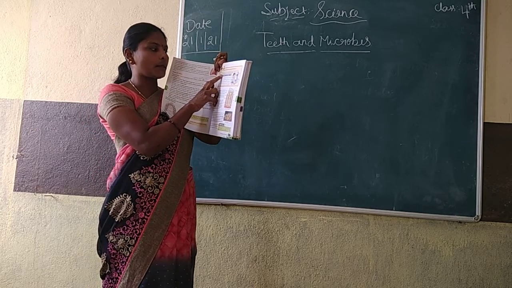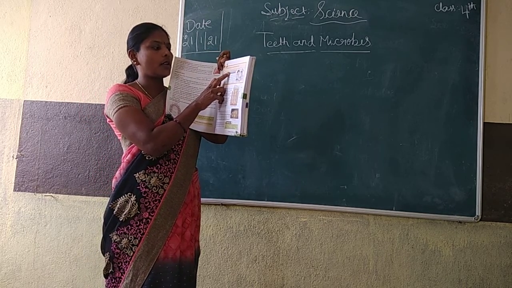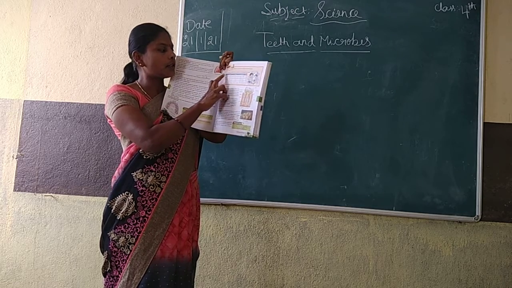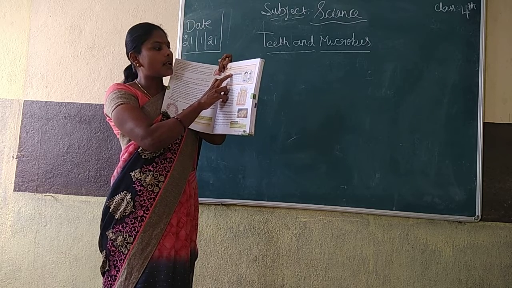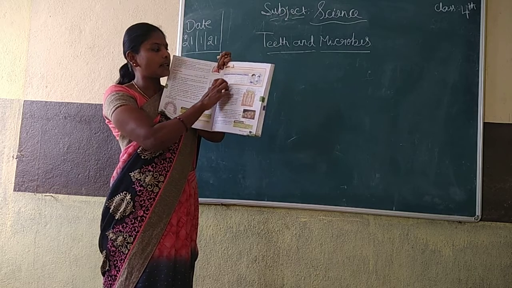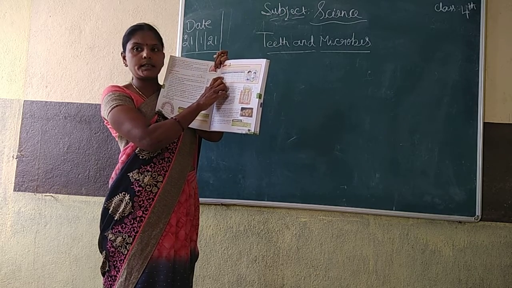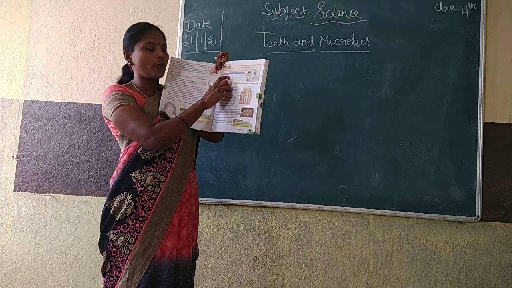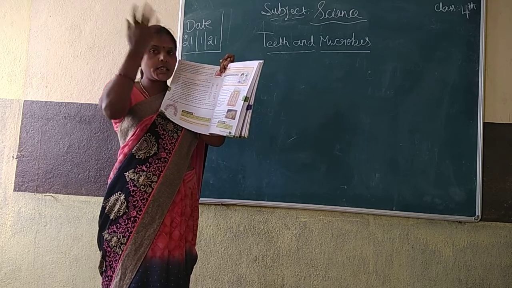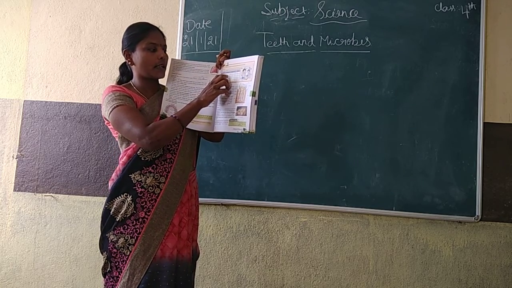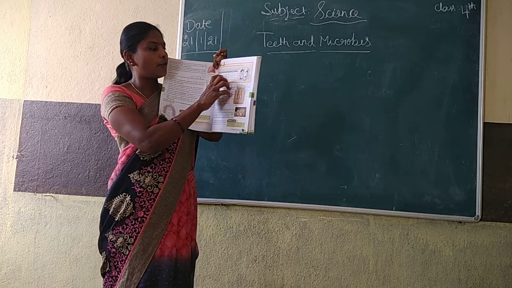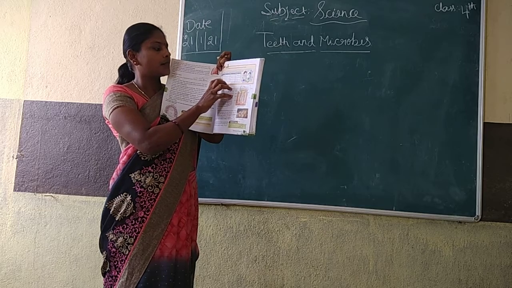Count the number of teeth in each jaw and fill in the table given below. Understand? See the table here. Types of teeth. Incisors: 4 in the lower jaw, 4 in the upper jaw, totally 8.